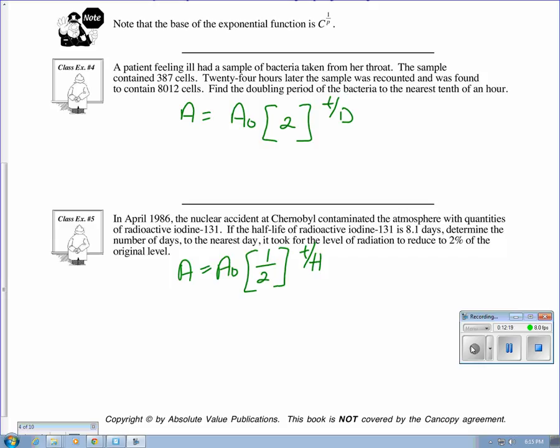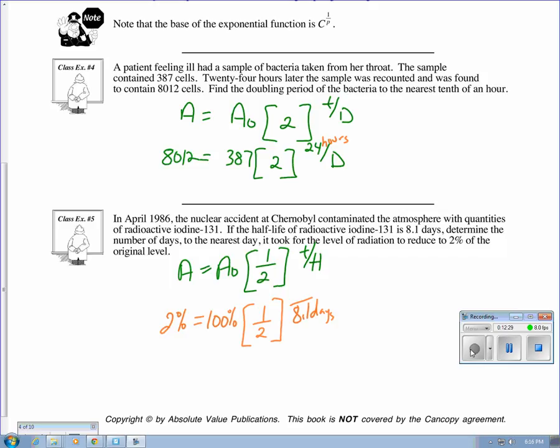Already I've made some decisions about half-life and doubling time so that I've decided on my bases, and now I've got to figure out what number goes where. So I really like the setup in both of them. I've got things that I can count and exponents that I'm looking to solve for. I use percentages in class example 5.